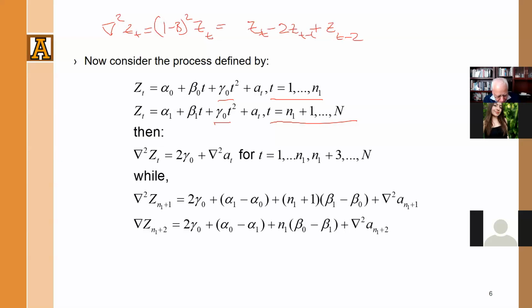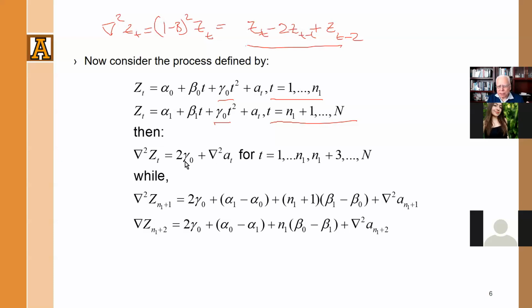Now, if you use this expression here and replace the equations for C_t in both sections of the data, then you'll see that when t equals 1 through n1 and n1 plus 3 to n, the second difference will give you 2 gamma 0, because it's the same gamma in both pieces of the data, right? So you'll have 2 gamma 0 plus the second difference of a_t.